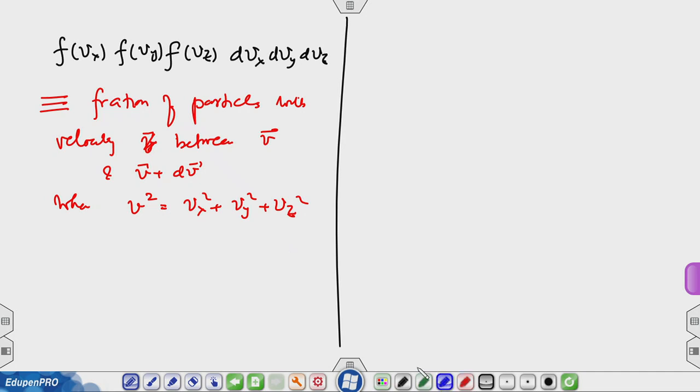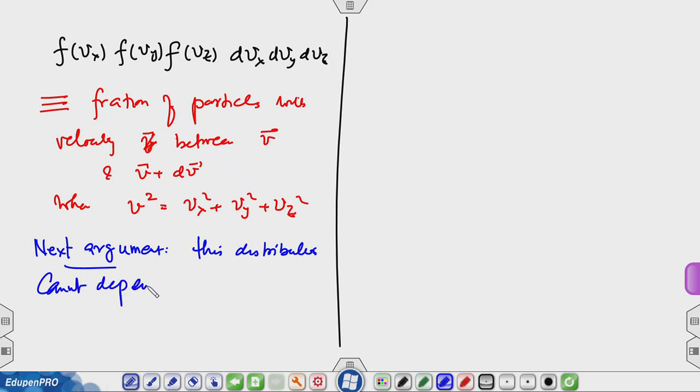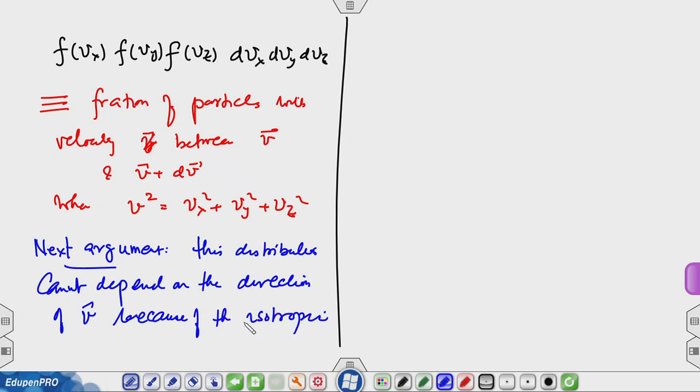All right, next argument is that this distribution cannot depend on the direction of v because of the isotropic nature.